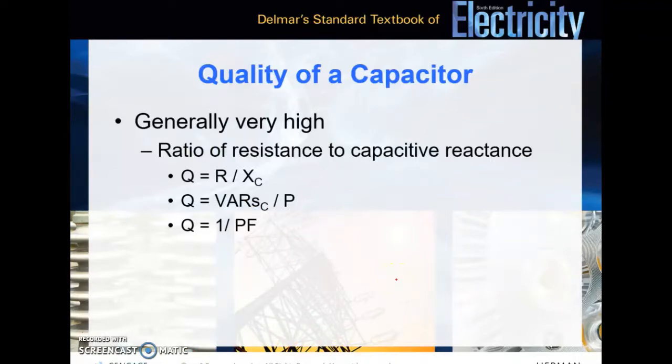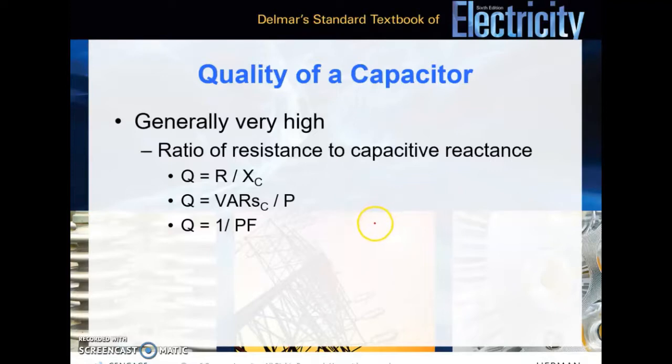The quality of a capacitor is generally very, very high. It's the ratio of resistance over capacitive reactance. The resistance for a capacitor, that's the resistance of the dielectric. And we know that current does not flow through the dielectric.